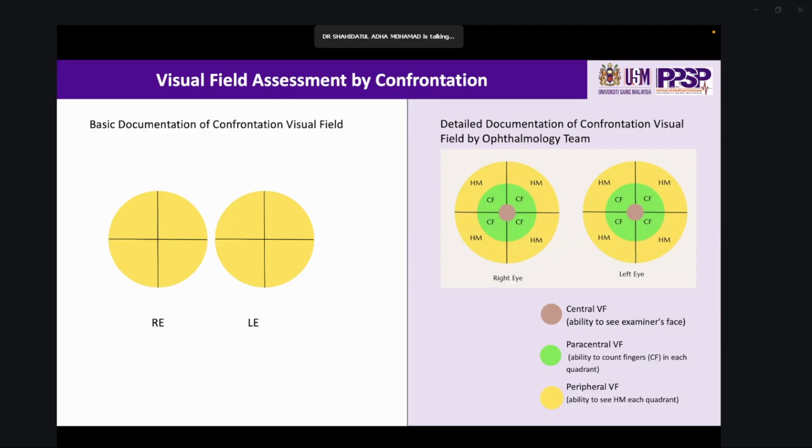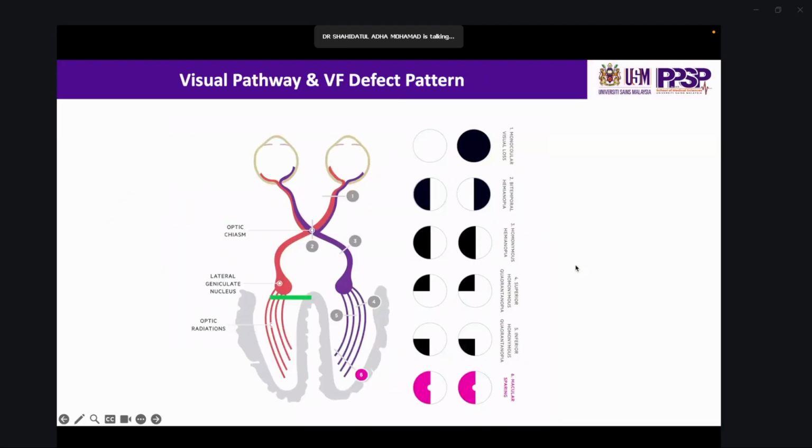And with this, you can actually predict, or somewhat guess, where the lesion is, or the stroke involving which part of the brain. As for Ophthal, our assessment is a little bit different, but I'm not going to cover it today. Okay, so this is the visual pathway and visual field defect pattern. I'm not going to cover it now, but I hope you all still remember.